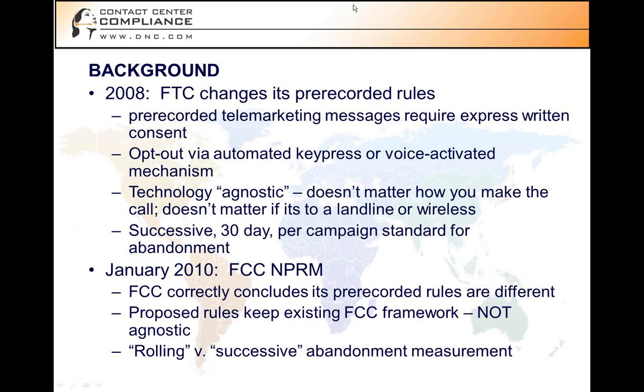And the reason that the FTC and the FCC have different approaches is that their hands are tied to a certain extent. They are regulatory agencies that have been tasked by the executive branch of our government to do certain things, and they have to implement their rules and regulations in accordance with what they are told to do by the United States Congress.